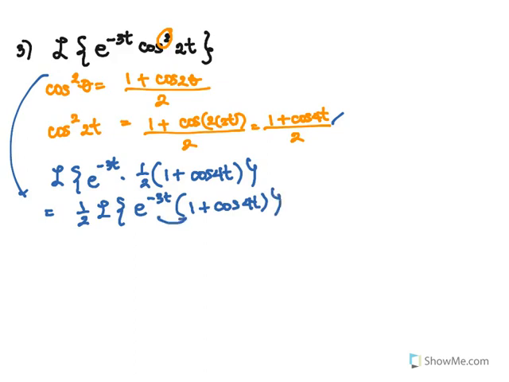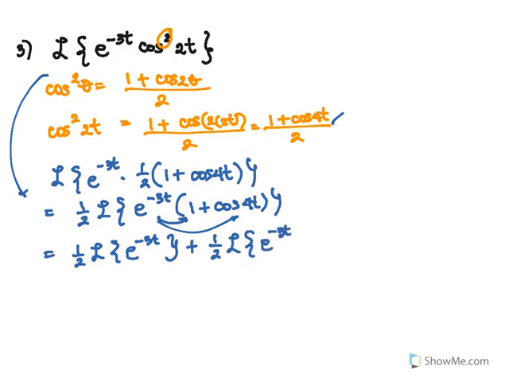Then you can distribute: 1/2 Laplace of e to the negative 3t plus 1/2 Laplace of e to the negative 3t times cosine of 4t. Again, the Laplace of e to the negative 3t is just a common function, that's 1 over s minus k. For the second term, we need the Laplace of e to the negative 3t cosine 4t.